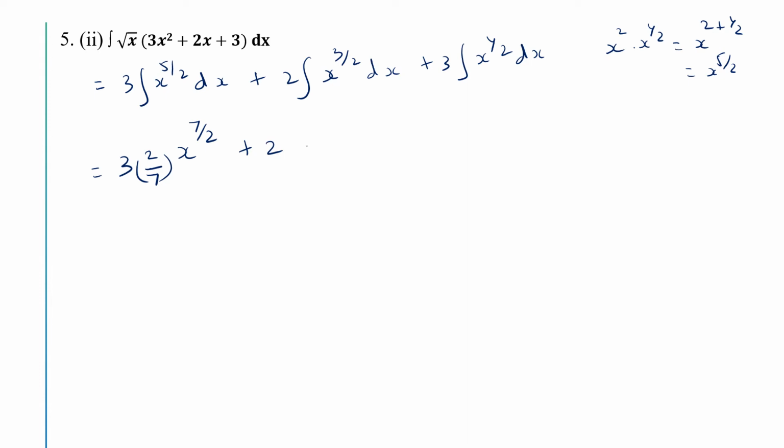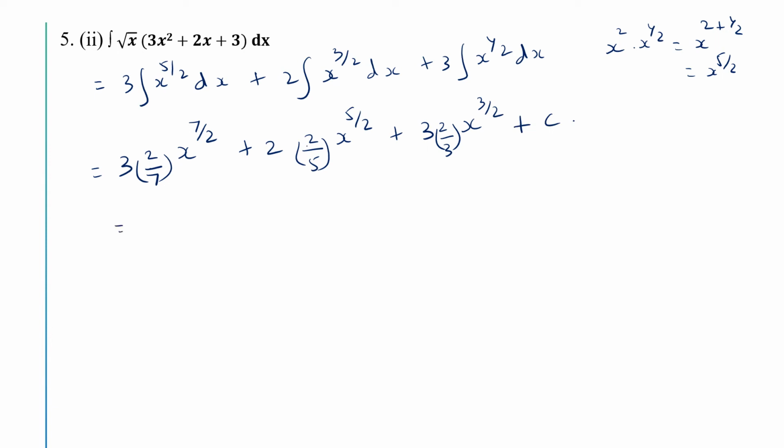Then plus 2 into x raised to 3 by 2 plus 1 is 5 by 2 divided by 5 by 2. Since it is divided by 5 by 2, here we have to write the reciprocal. Then plus 3 into x raised to half plus 1. Half plus 1 is 3 by 2 divided by again 3 by 2. So here we will write the reciprocal into 2 by 3 plus c.